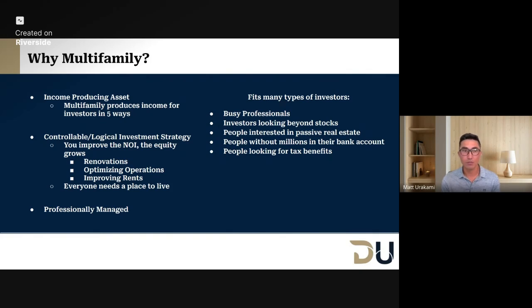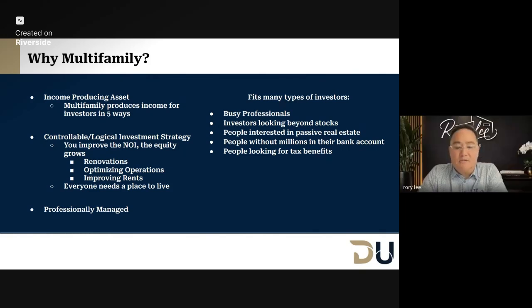And to increase your revenue, it's a pretty simple strategy in the sense of you're going to renovate units, increase rents, and optimize all the operations and expenses, and really at the end of the day, everyone needs a place to live. Outside of that, it is professionally managed locally. And on top of that, we are also very hands-on general sponsors or general partners that make sure that the day-to-day operations are running efficiently.